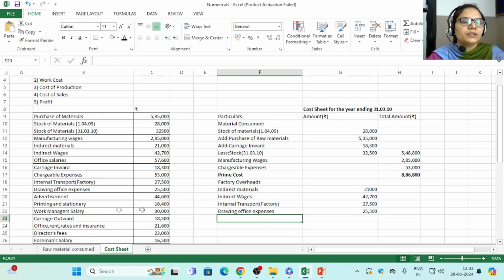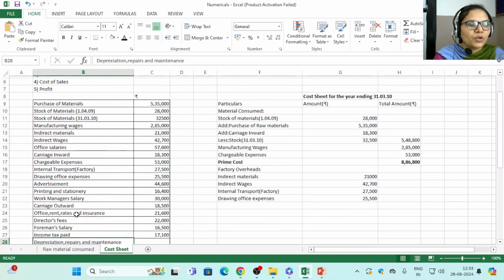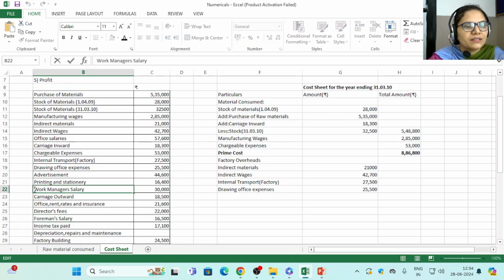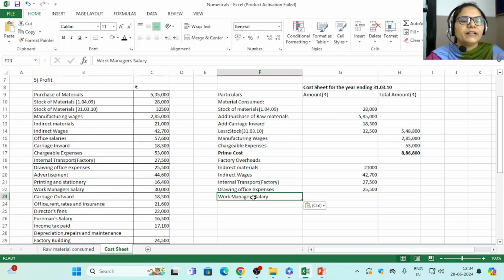We will go through what other expenses can be a part of it. Work manager salary is again a part of your factory overheads, so we will show it under factory overheads.